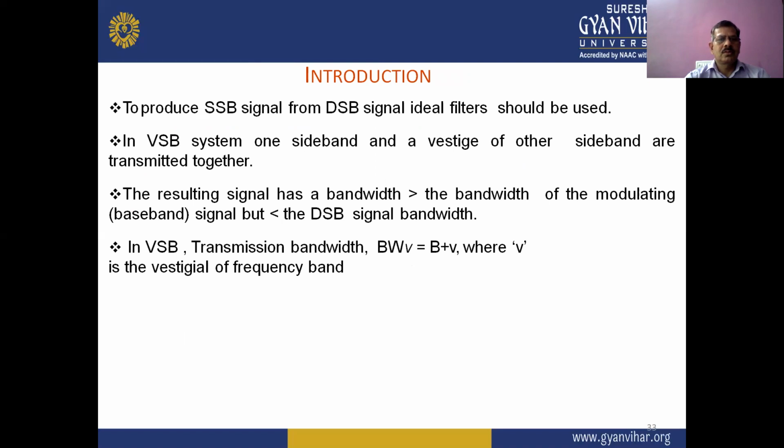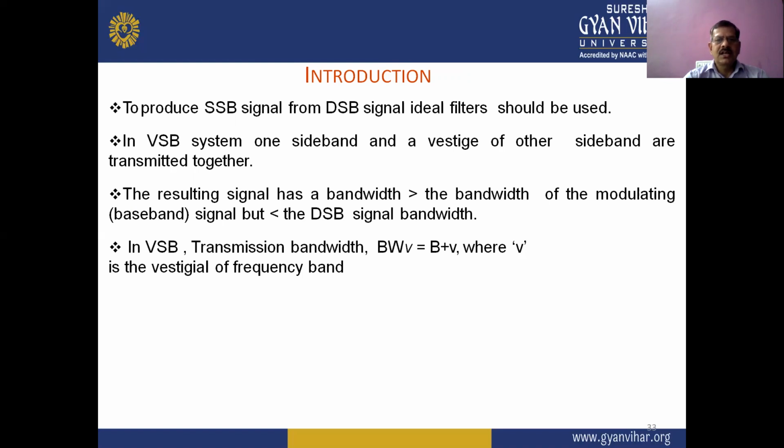To produce an SSB signal from a DSB signal, ideal filters should be used. In a VSB system, one sideband and a vestige of the other sideband are transmitted together.